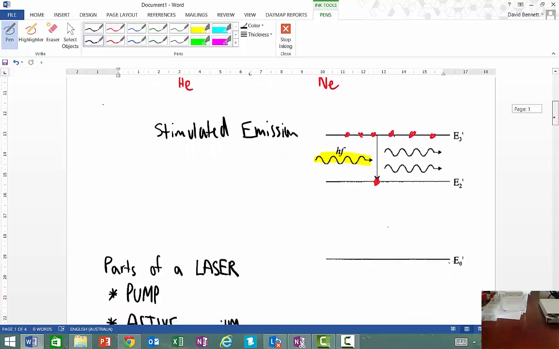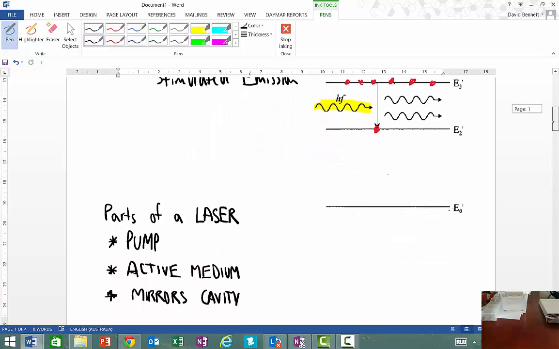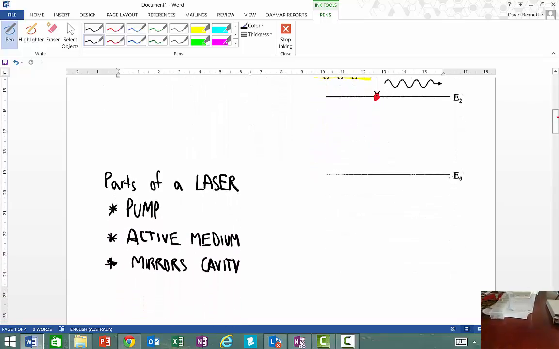Right, now we need to understand what the parts of the laser beam are that actually allow it to work properly. So the first thing in the laser beam is we have a pump. Alright, so we have a pump which is an electrical current. So the electrical current is something that will actually produce electrons.